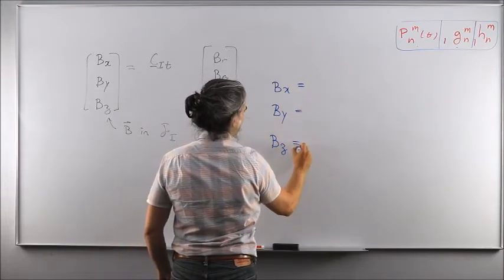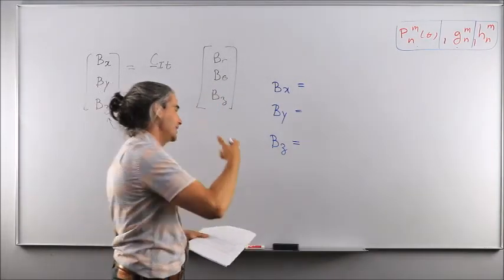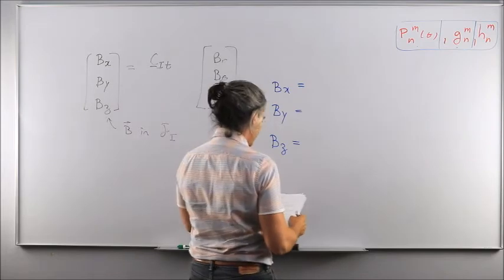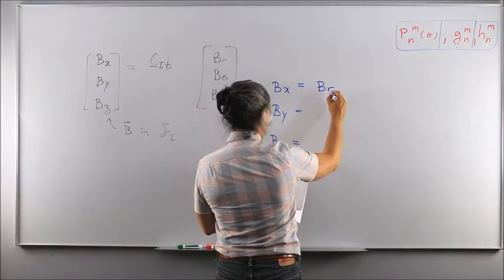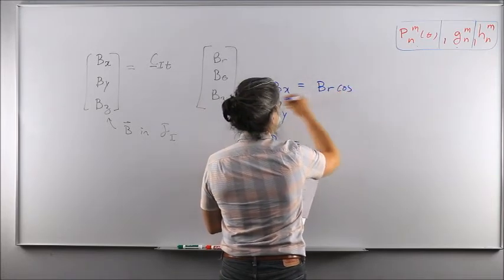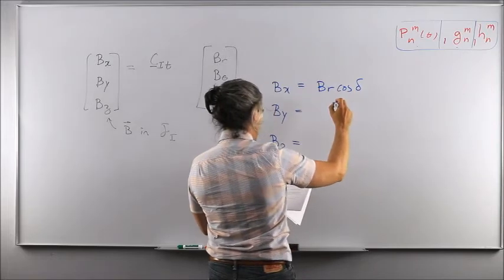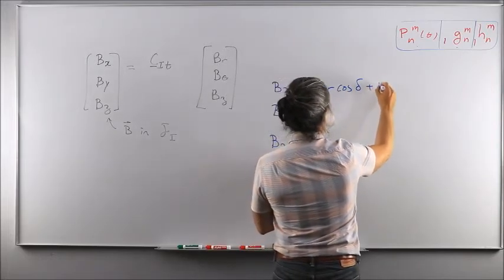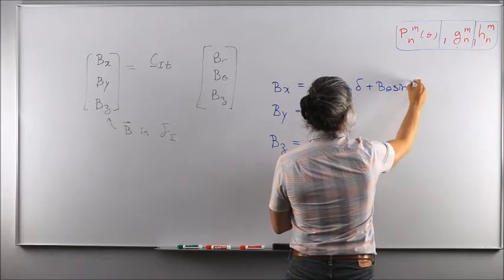You're going to get Bx, By, Bz, or the components of the Earth's magnetic field in ECI, modeled through the spherical harmonic formulation, equal to BR, for which we had the expression before, cos latitude plus B theta sine latitude.